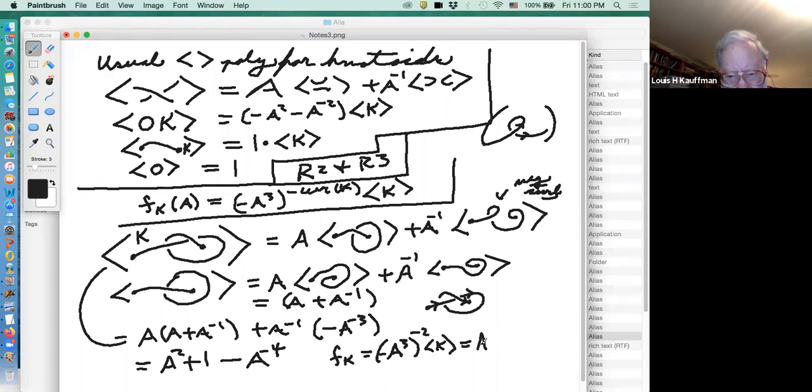So I get A to the minus 4 plus A to the minus 6 minus A to the minus 10. And that implies that K is not equivalent to its mirror image and non-trivial.